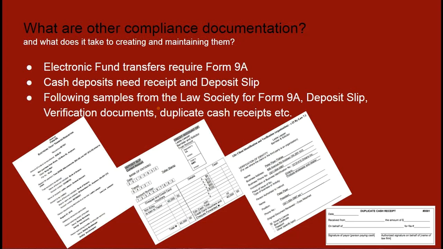Because accounting is common across all industries, but there are certain tricks to the trade, certain unique aspects of legal accounting. So duplicate cash receipts and duplicate retainer receipts are very important for you to keep in mind as you accumulate these important, repeatable documents.